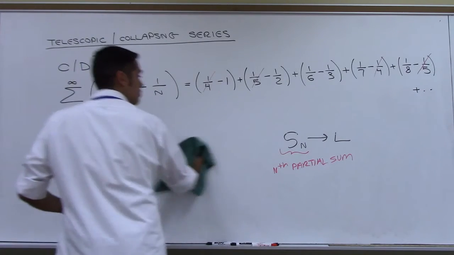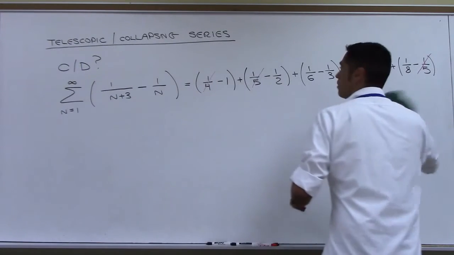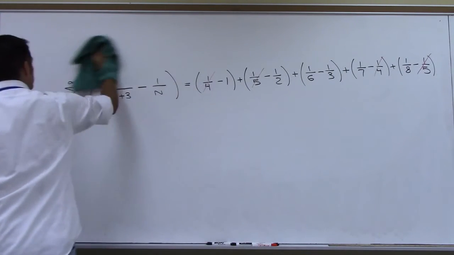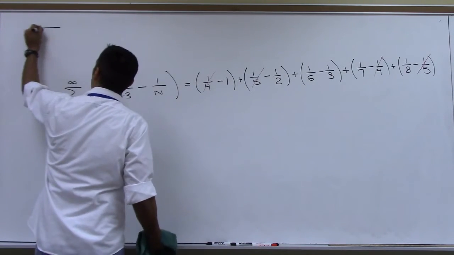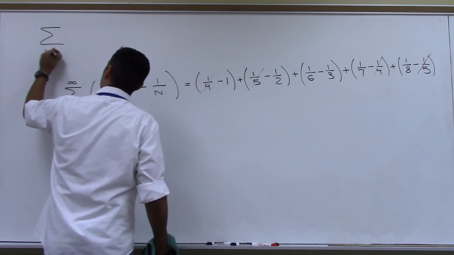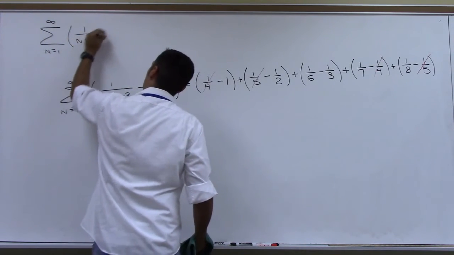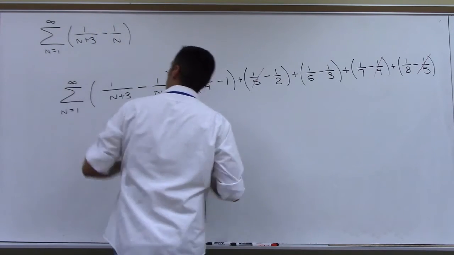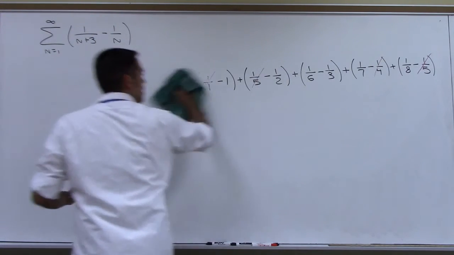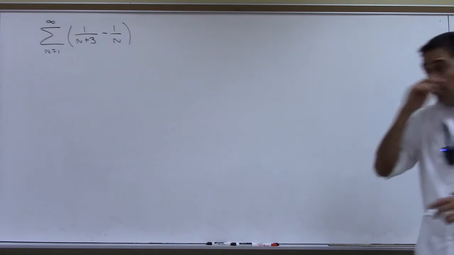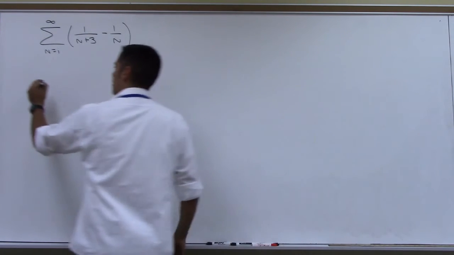I need a little more room, so let's see what I can do. Let me rewrite the series up here, so that way I can refer back to it. Here was the series. And we already know that we get cancellation, right? So now I'm going to write down what S sub n is.